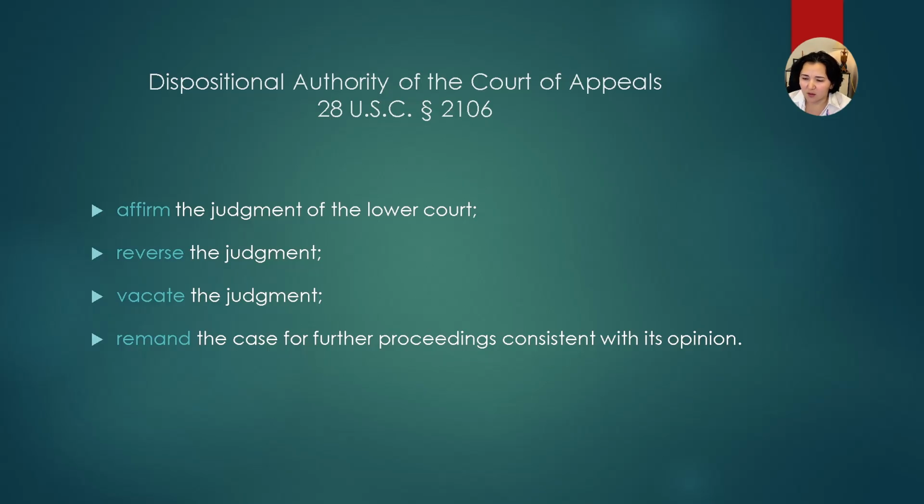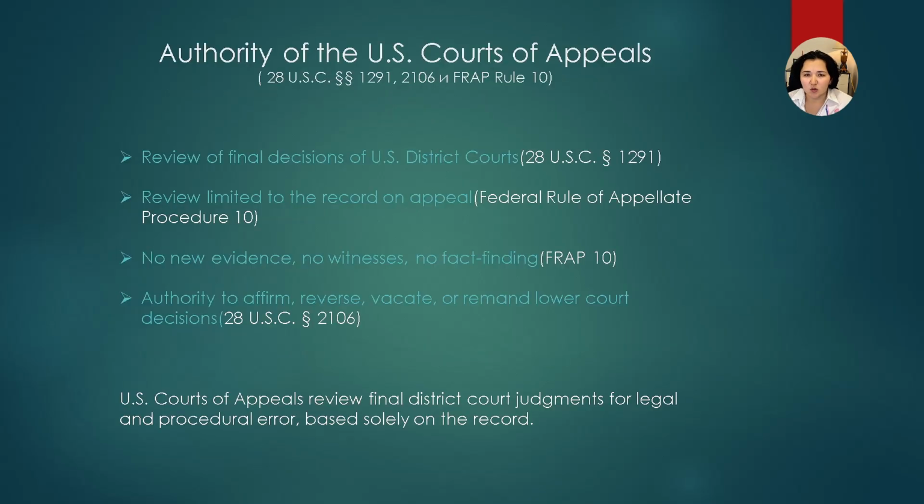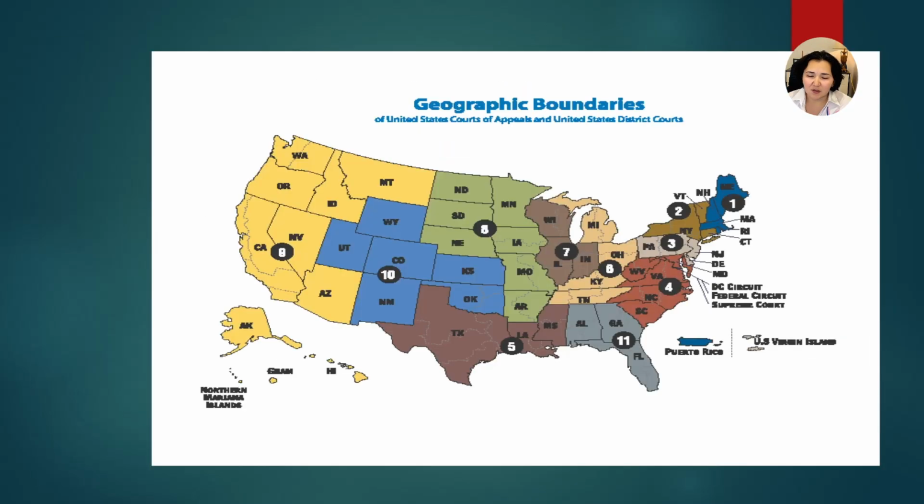This approach differs fundamentally from the appellate model used in many countries, for example, in Central Asia, where I lived before the United States, where appellate courts may rehear cases on the merits, admit new evidence, hear additional witnesses, and issue a new decision which replaces the judgment of the lower courts. U.S. appellate courts do not possess such authority.